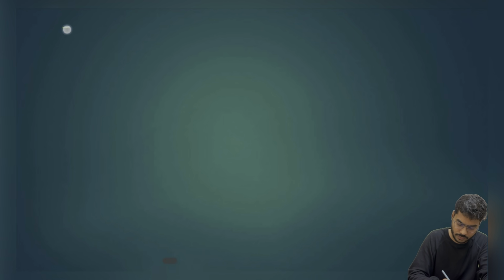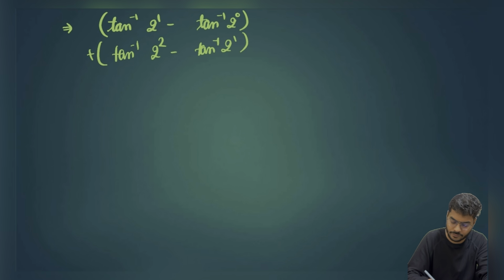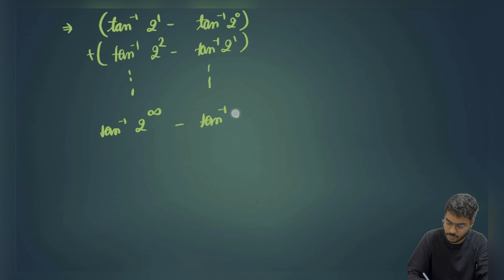If I put n equal to 1, I will get tan inverse 2 to the power 1 minus tan inverse 2 to the power 0. Next, I will get tan inverse 2 to the power 2 minus tan inverse 2 to the power 1. Last term, tan inverse 2 to the power of infinity minus tan inverse 2 to the power of infinity minus 1.